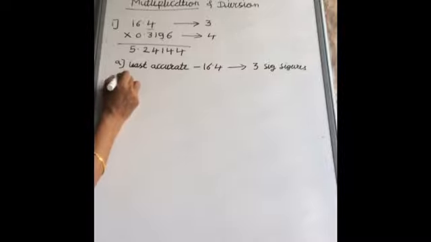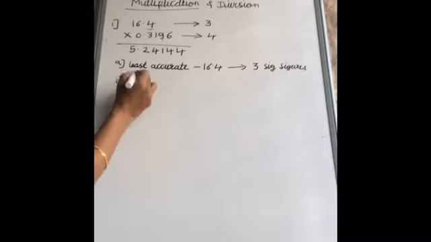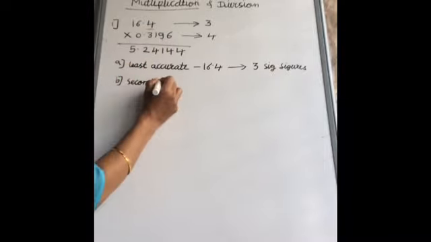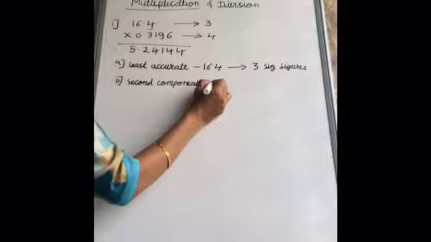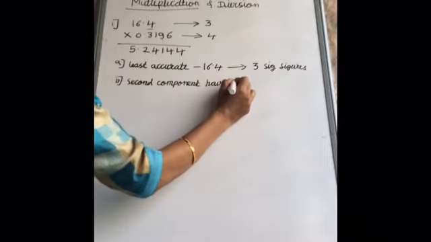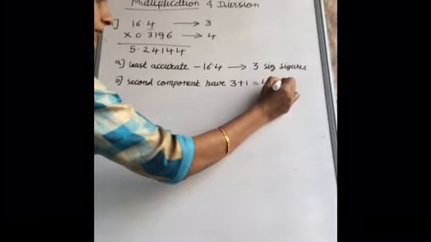The second rule is that the other component should have 3 plus 1, equal to 4 significant figures.